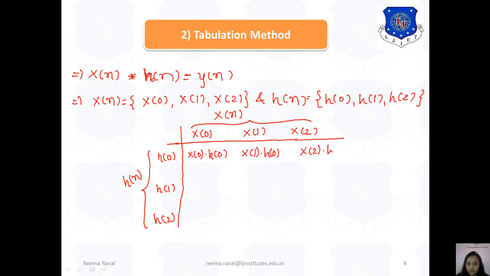Now in the second row, multiplication of these values with h of 1 will give you x of 0 into h of 1, then x of 1 into h of 1, then x of 2 into h of 1, right? Likewise in the third row it will be x of 0 into h of 2, then x of 1 into h of 2 and x of 2 into h of 2.